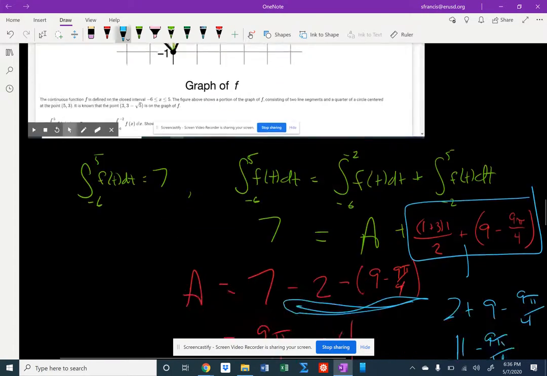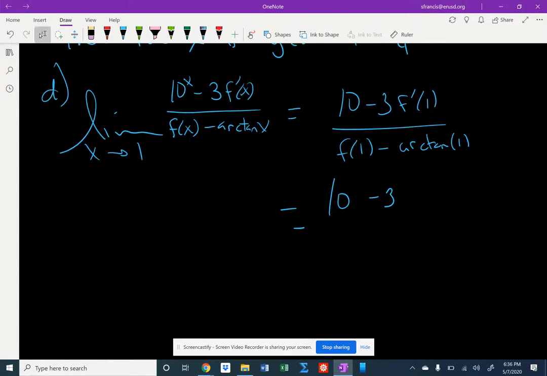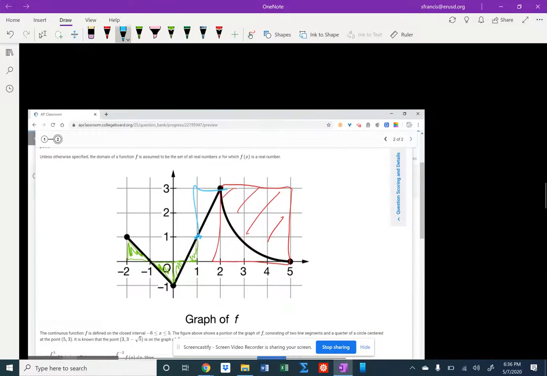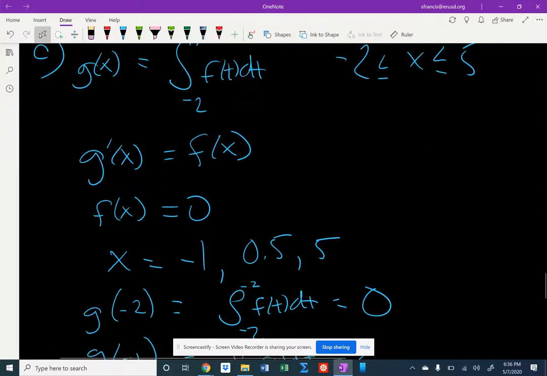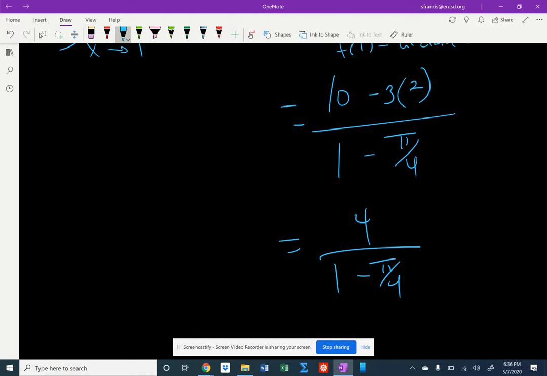Oh, it's got a slope of 2. So going back down over here, this is going to be 3 times 2. And then f of 1, I should have looked when I was up there, but I didn't. f of 1 is 1. And so this is going to be 1 minus pi over 4, and you could stop right there, or you can just do the little bit of arithmetic. You don't have to go any further.